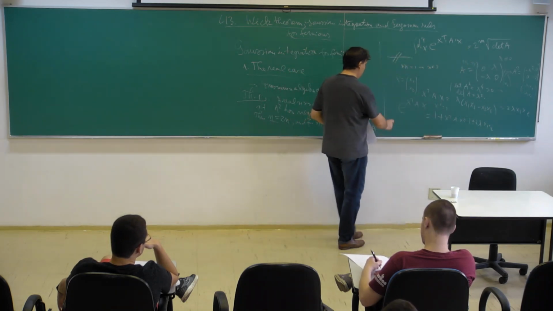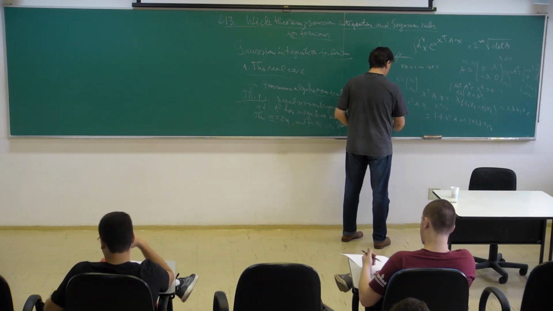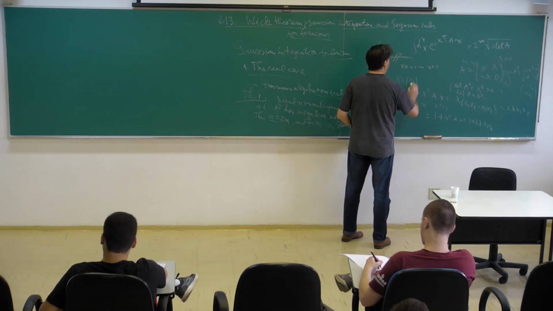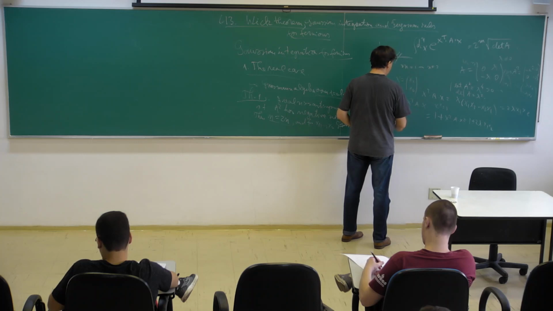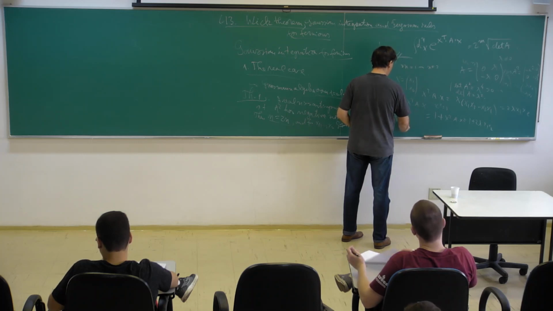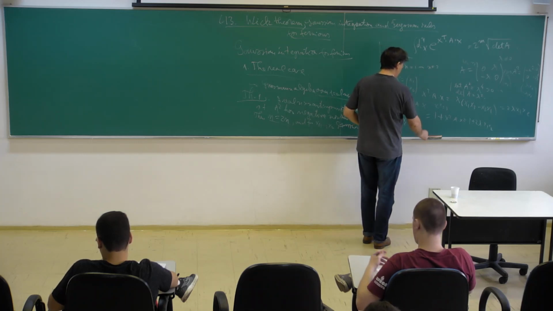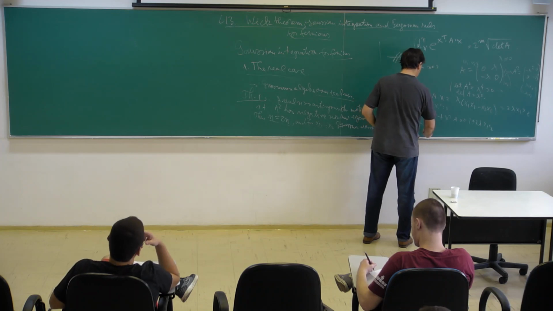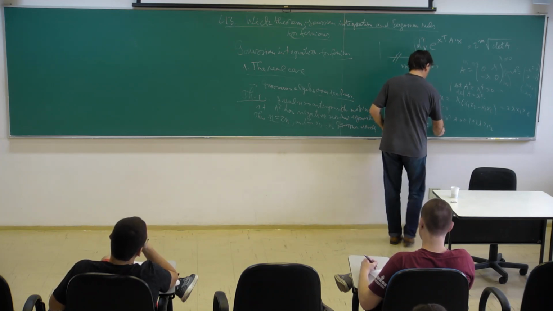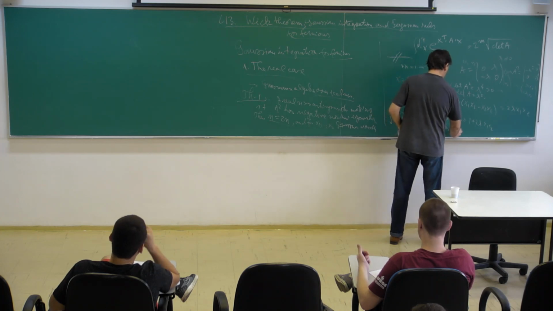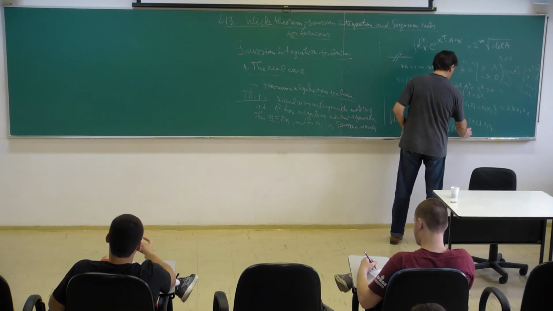And now let's do the integral of this. So the integral d^n x, now it's the integral dx1 dx2, of this thing, is the integral dx1 dx2 of 1 plus 2 lambda x1 x2.